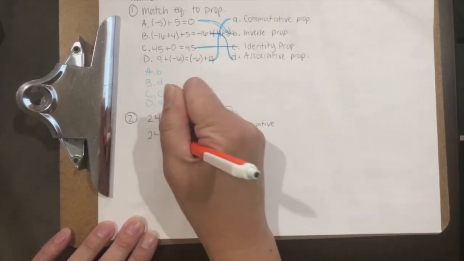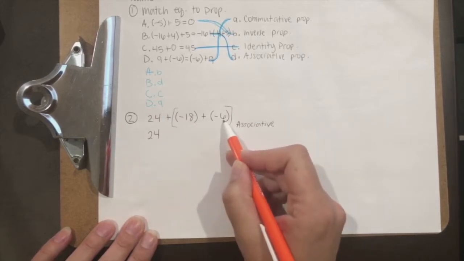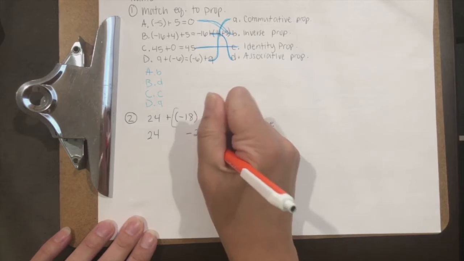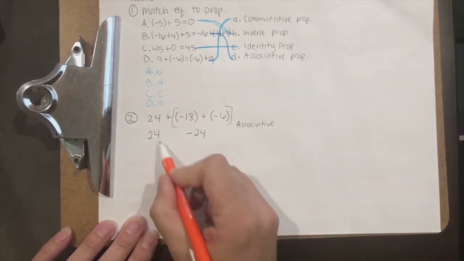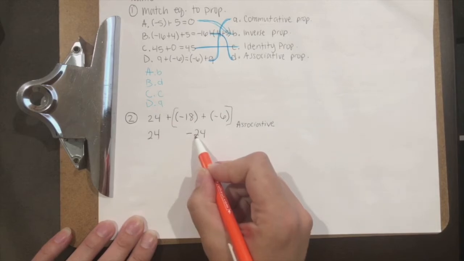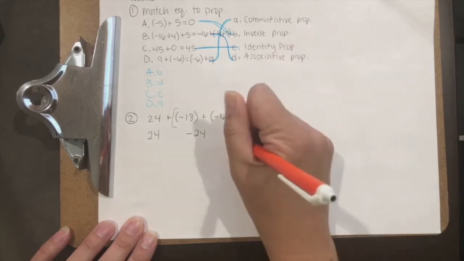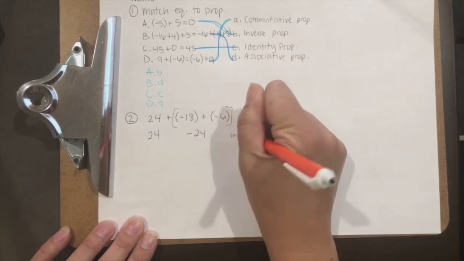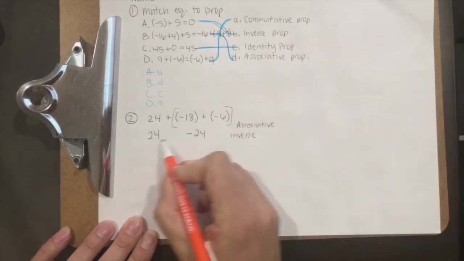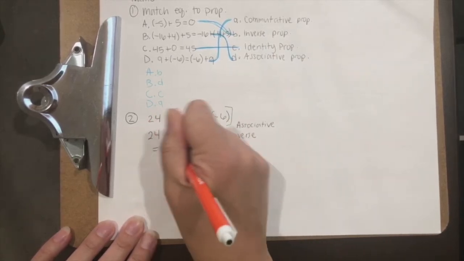I'm going to leave 24 all by itself there, and then I'm going to put these two negatives together. So negative 18 and negative 6 is actually negative 24. And now a positive 24 and a negative 24, I'm going to use the inverse property to cancel them out, and my answer is 0.